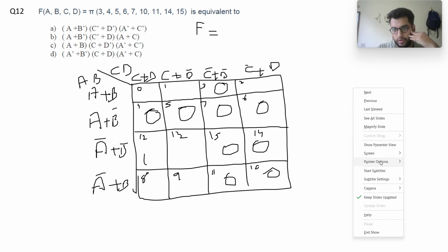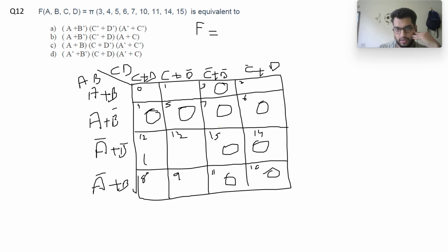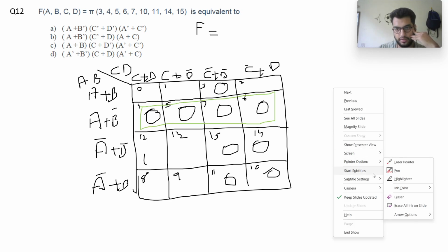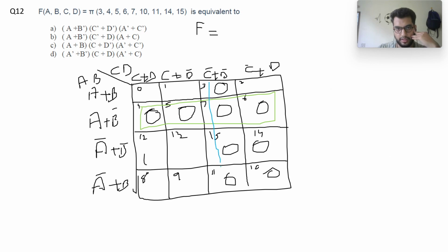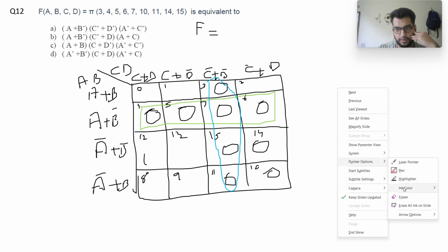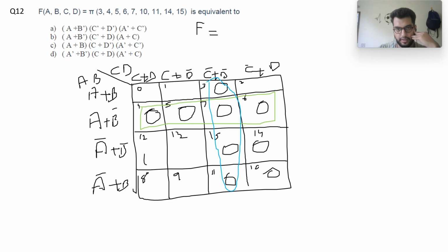Now we look for whether we can construct an octet. No, we can't construct an octet. Now let's just look for the quads. So this quad, this is another quad, and then this right here is the third quad.